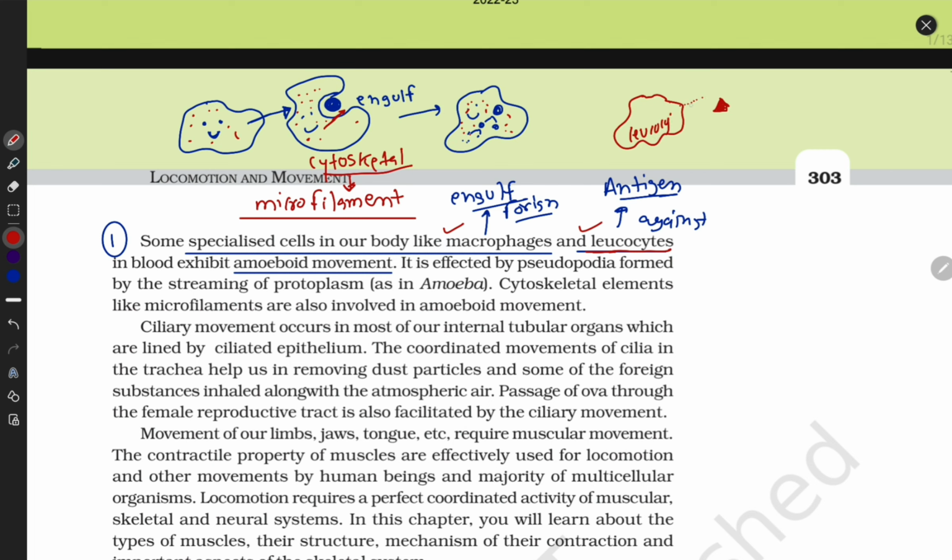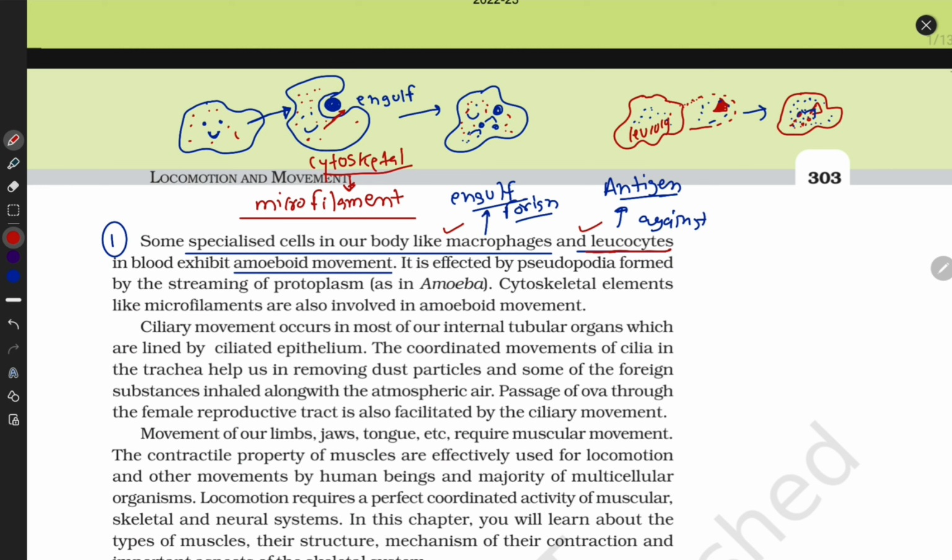They move their cytoplasm towards the antigen and then engulf it. With the help of their enzymes, their chemical reactions, they break this antigen into the smallest fragments and make it dysfunctional.